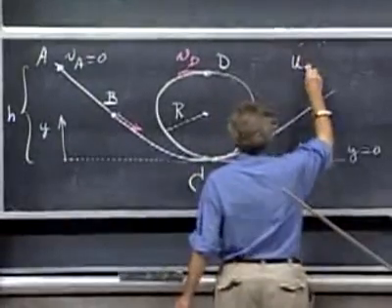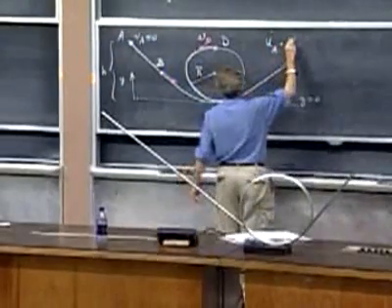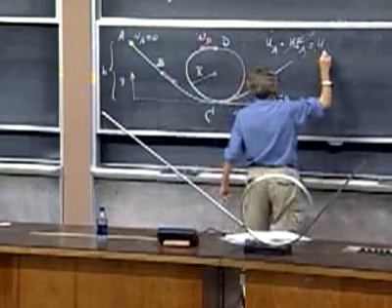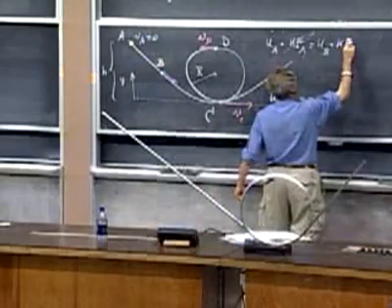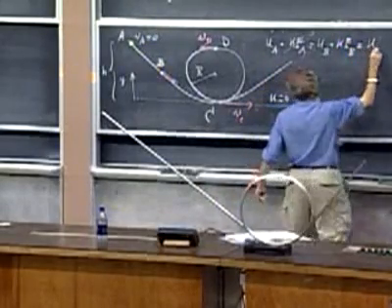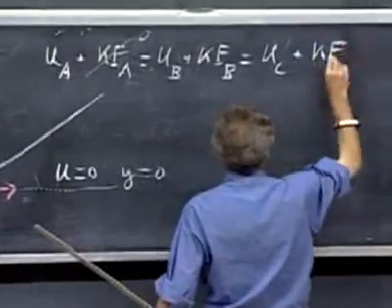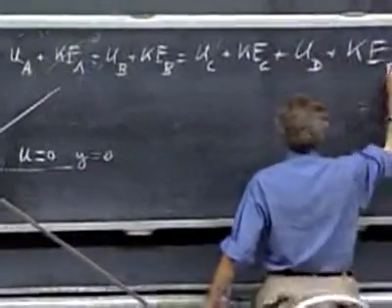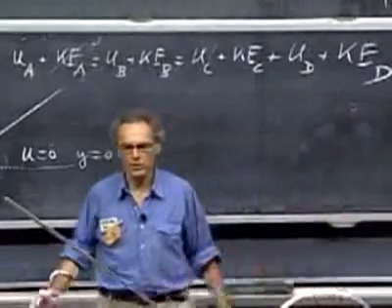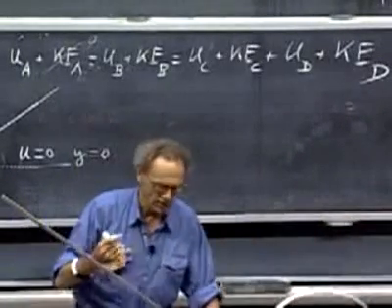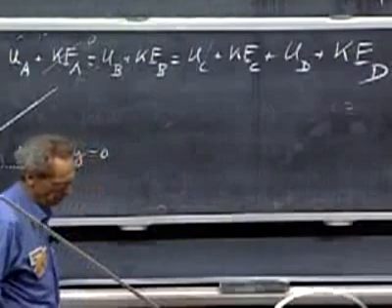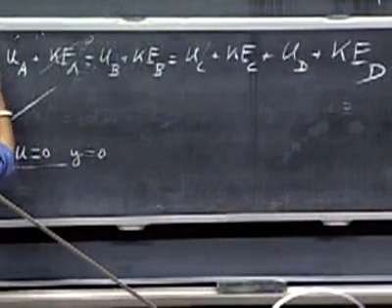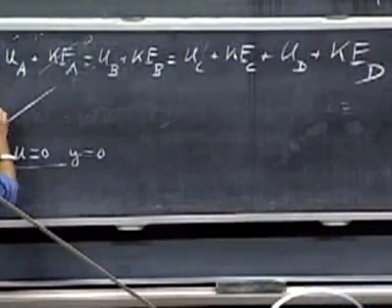So I know that U at A plus the kinetic energy at A, which is 0, must be U at B plus kinetic energy at B, must be U at C plus kinetic energy at C, must be U at D plus kinetic energy at D, if there is no friction, if there are no other forces, only gravity. So no energy gets lost to friction. We know that this height difference is 2r.